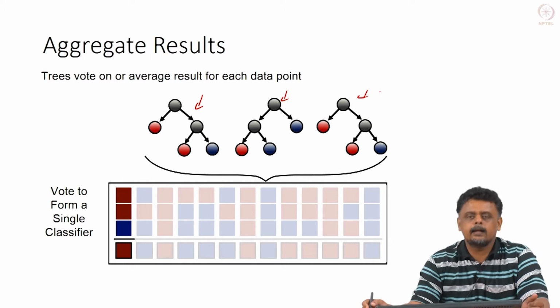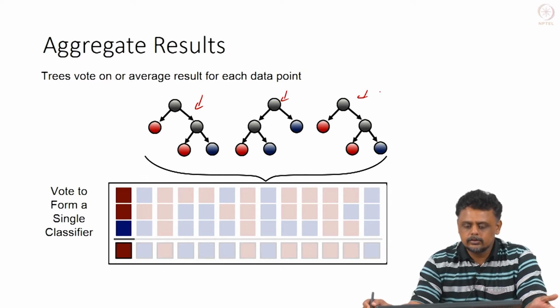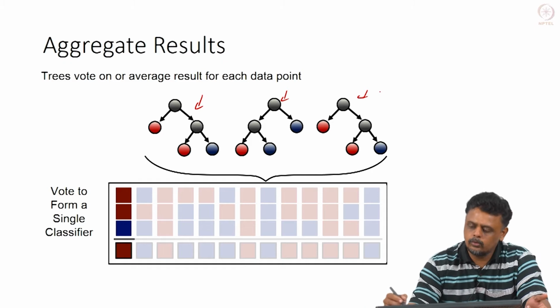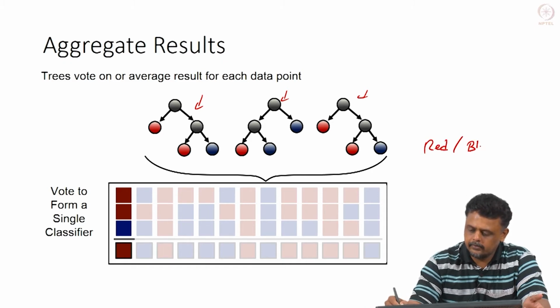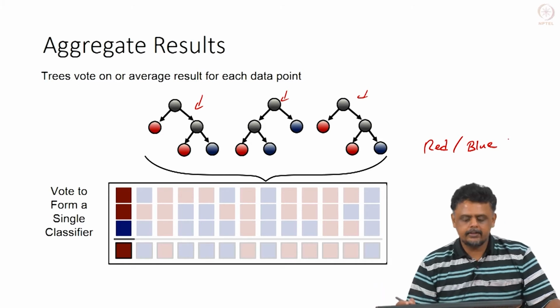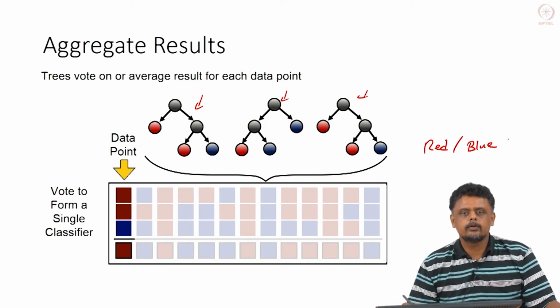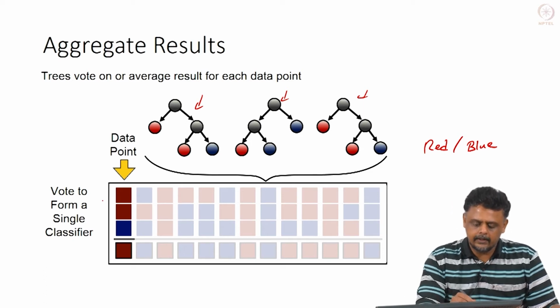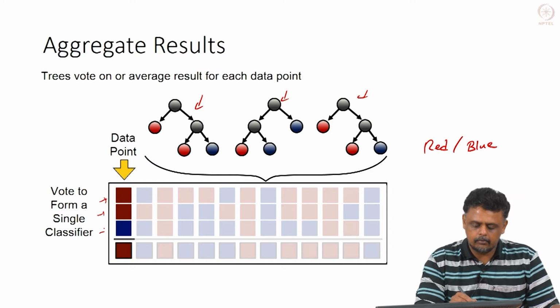Let us say this is a classification task, a binary classification, so we are looking at either red or blue. Each one of these trees outputs a decision for a particular data point. So, 2 of the trees said red and 1 tree said blue.